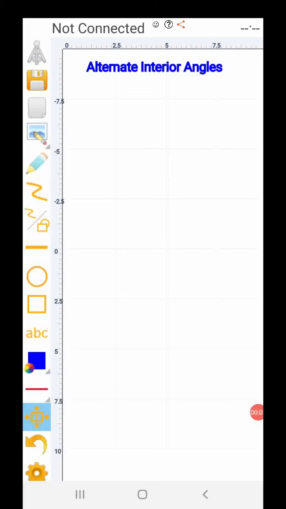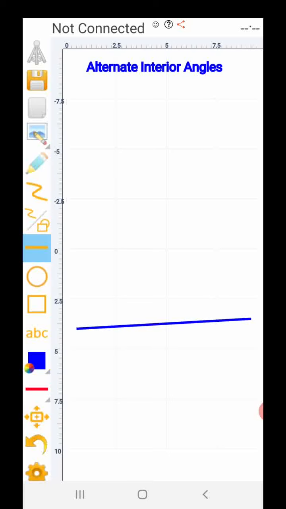Now we discuss alternate interior angles. Alternate interior angles means interior angles which lie on the opposite sides of the transversal are called alternate interior angles. So first we draw the lines.